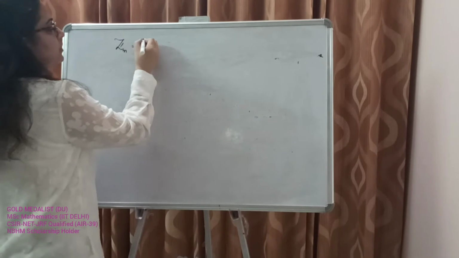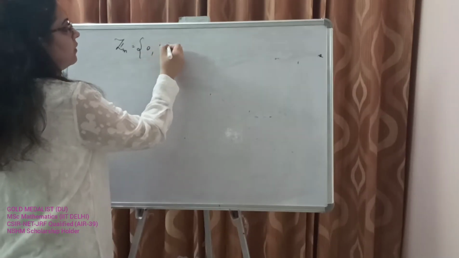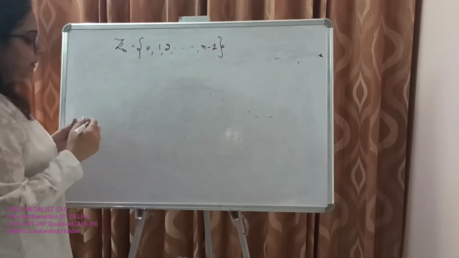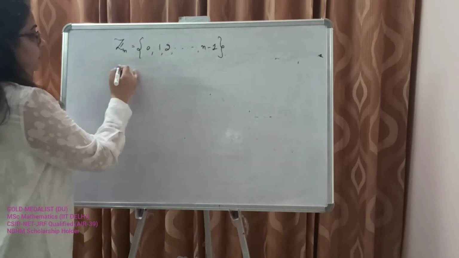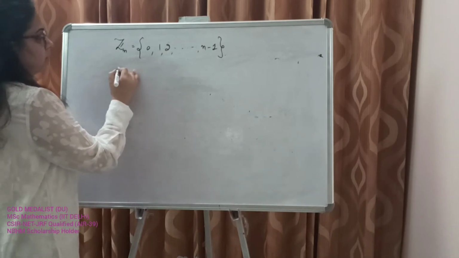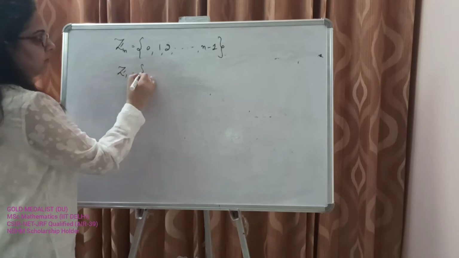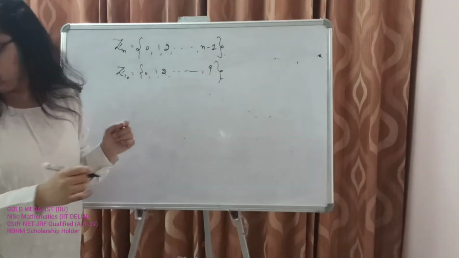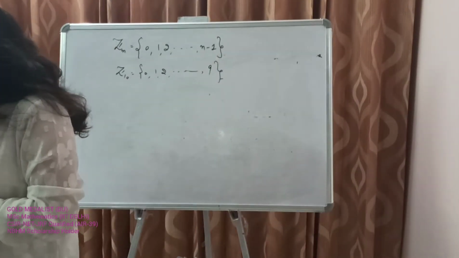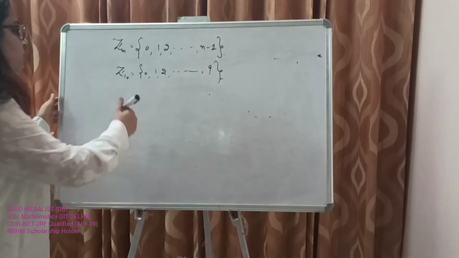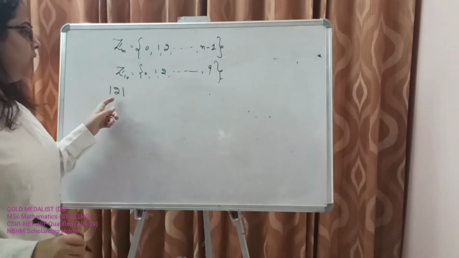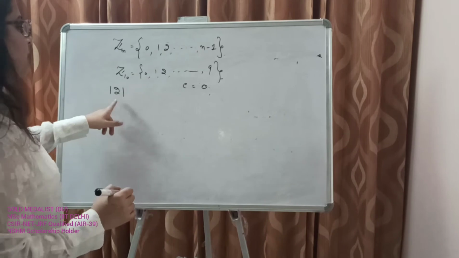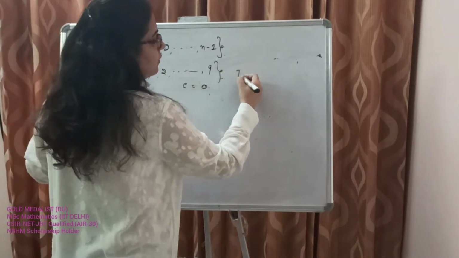Zn, which is the group of integers modulo n, till n minus 1. So let's consider, say, Z10, till 9. Now find out the order of 2. Its identity is 0 and the operation is addition modulo n.